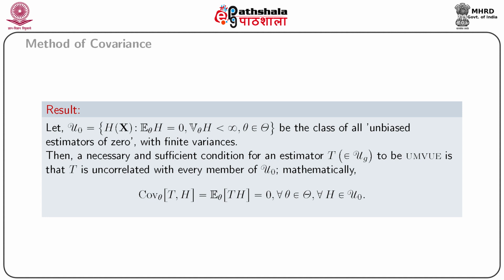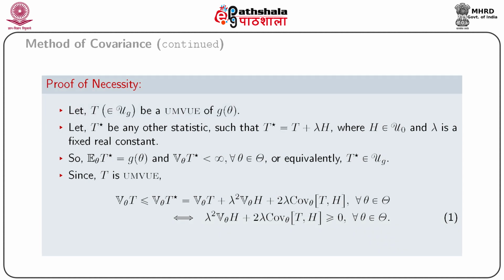Then an estimator T belonging to U_g is a UMVUE of g(theta) if and only if covariance of T and H equals 0 for all theta belonging to Theta and for all H belonging to U_0. That is, T is uncorrelated with every unbiased estimator of 0.